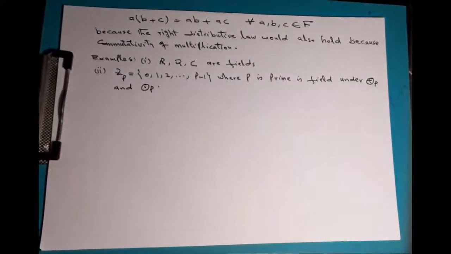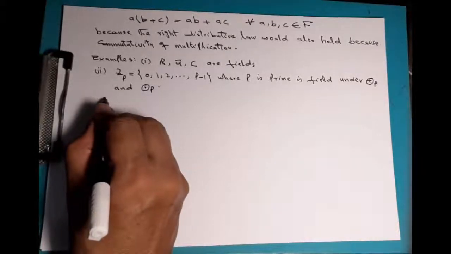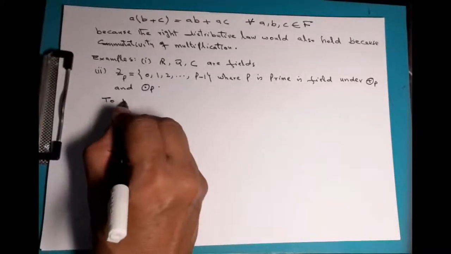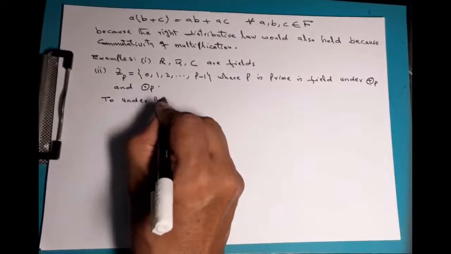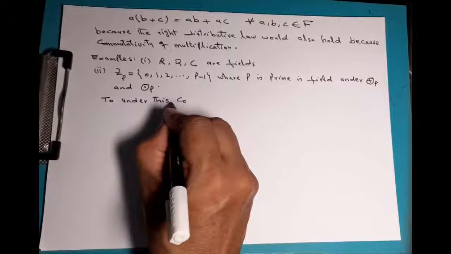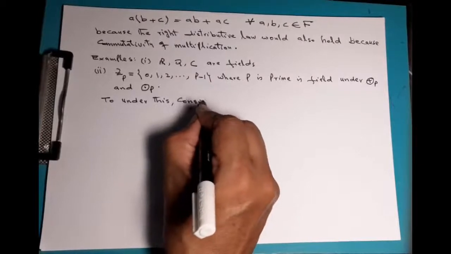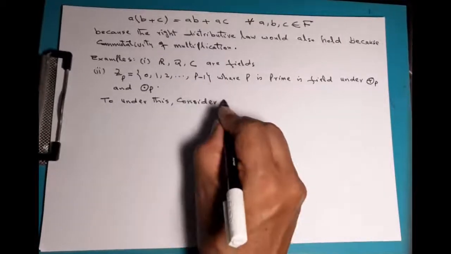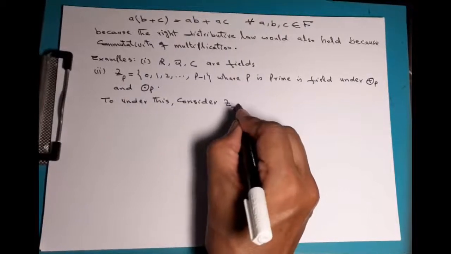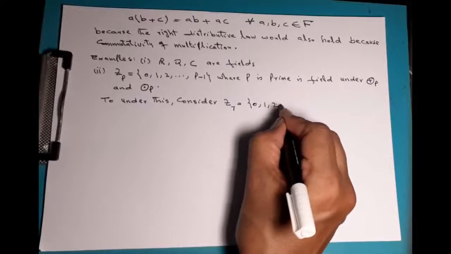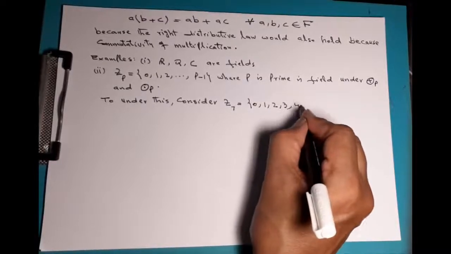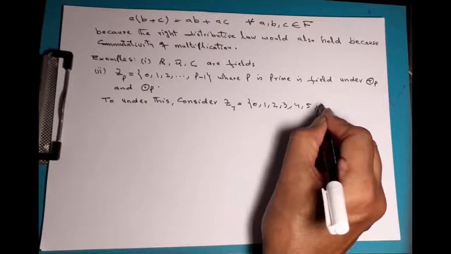To see it easily, let me give you an example to understand this. Consider Z7. 7 is a prime and Z7 is equal to 0, 1, 2, 3, 4, 5 and 6.